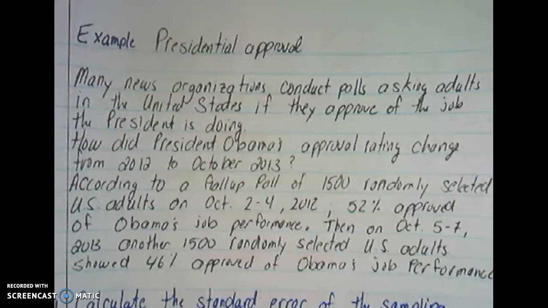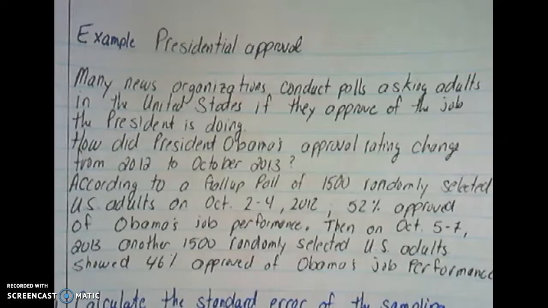According to a Gallup poll of 1,500 randomly selected U.S. adults on October 2nd through the 4th in 2012, 52% approved of Obama's job performance. Then, on October 5th through the 7th in 2013, another 1,500 randomly selected U.S. adults showed 46% approval of President Obama's job performance.